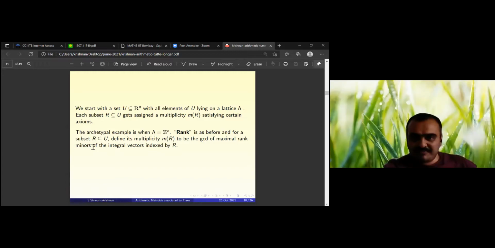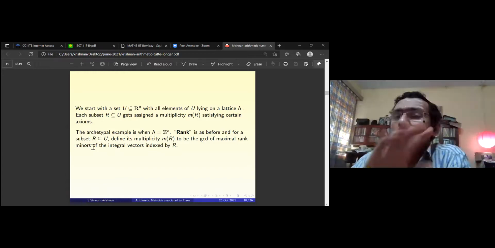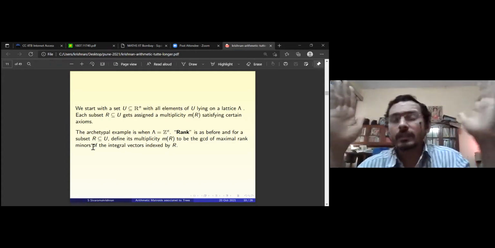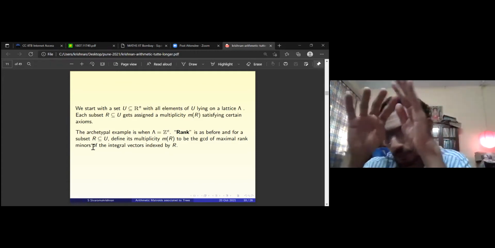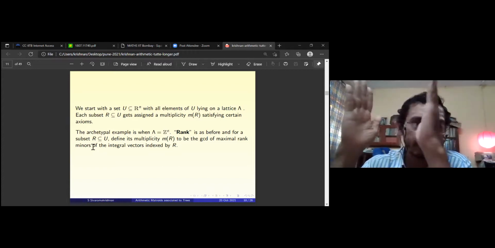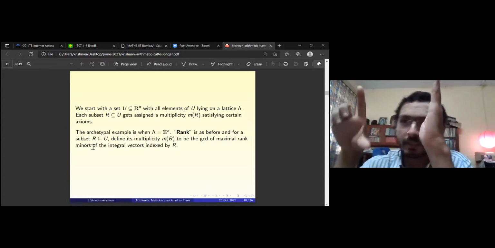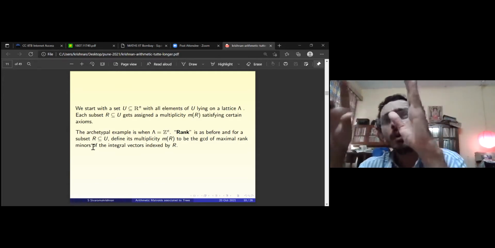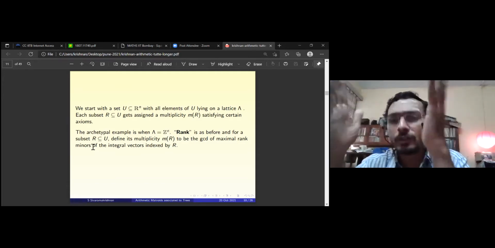So is the example okay? I'll just repeat the example once more. Suppose you have vectors in Z to the 10, and I choose a subset of 5 columns. Each column is a 10-dimensional vector with integer coordinates. If you look at the rank of this, suppose it happens to be 3.